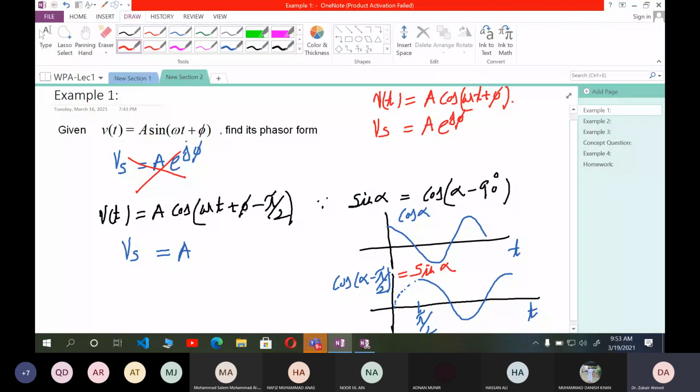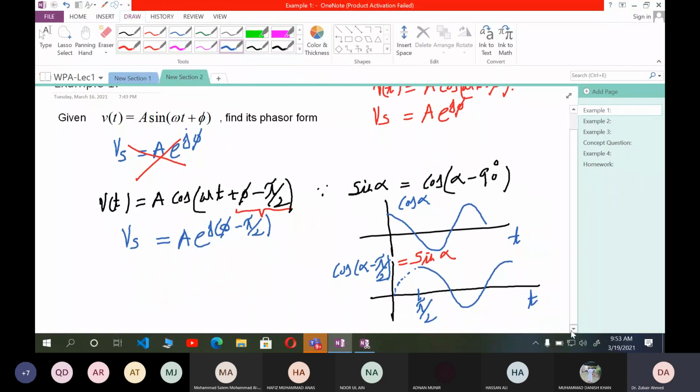The terms beside this omega t are phi and minus pi by 2. So I can write this as A exponential of j, phi minus pi by 2. This is the phasor form.